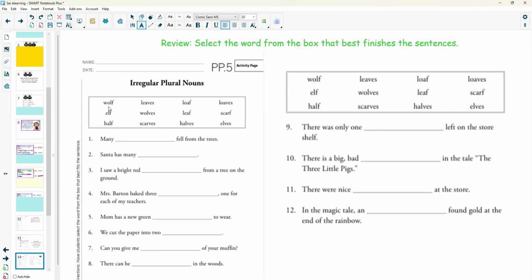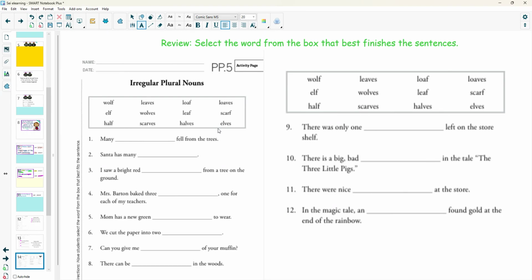Read these words with me. Wolf, leaves, loaf, loaves, elf, wolves, leaf, scarf, half, scarves, halves, elves.